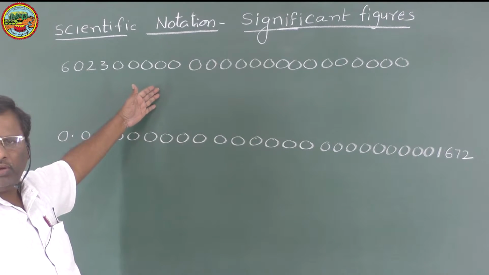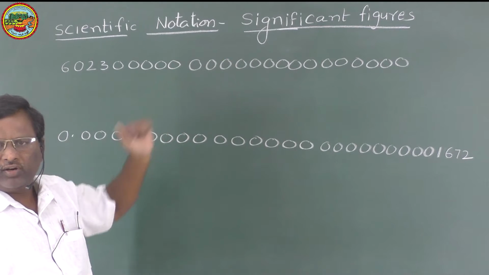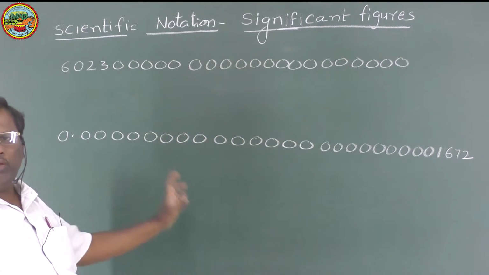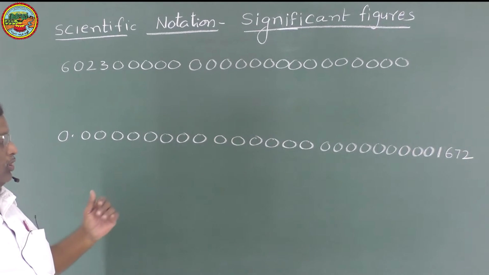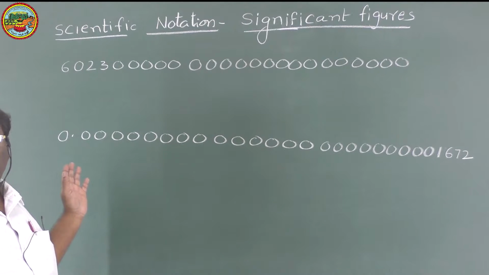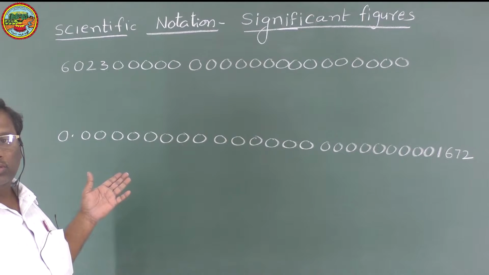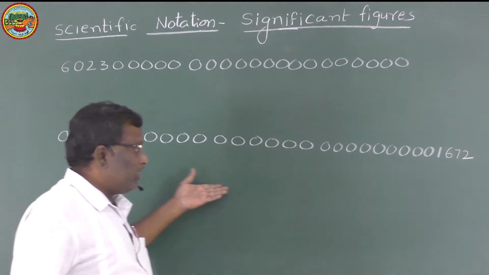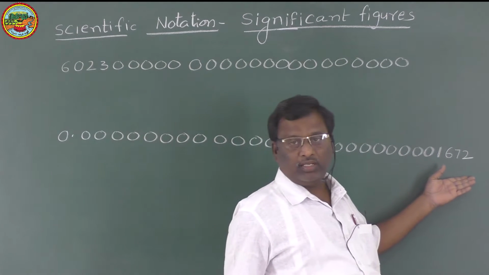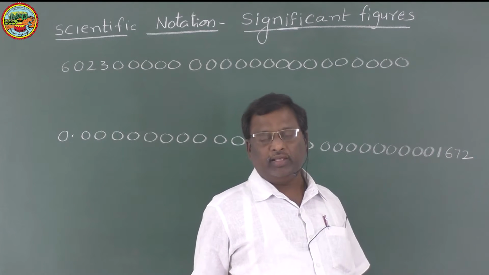So we have to express a large number like Avogadro's number and small numbers like mass of an electron, because the mass of an electron is 9.1 into 10 to the power minus 28 grams. So we have to write nearly 27 zeros after a decimal, then 9, 1 at the end.